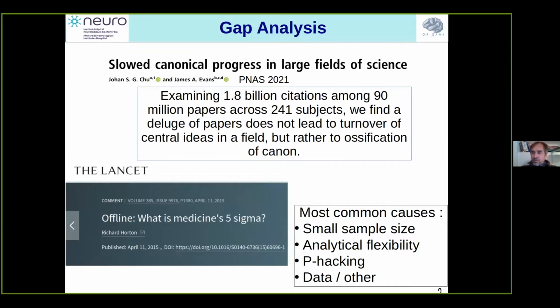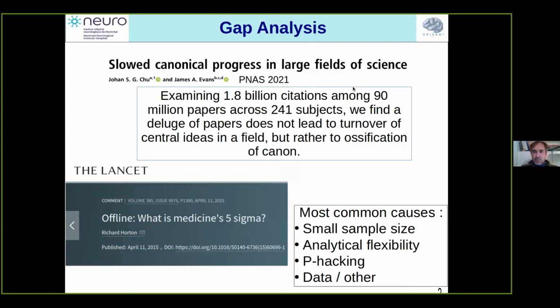So first of all, why did people start to really think about the reproducibility aspect in life sciences, and why is it important? I just want to give you this quick view of the problem. It seems that we have an increasingly large body of citations and papers.